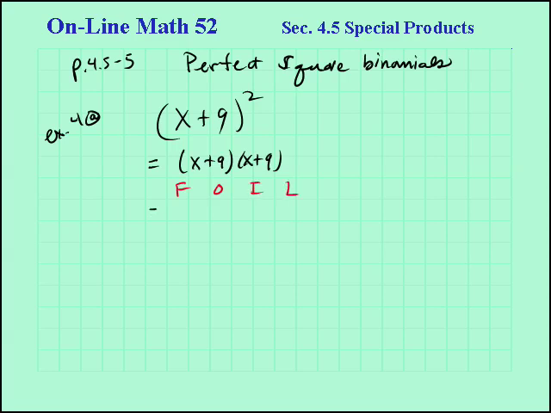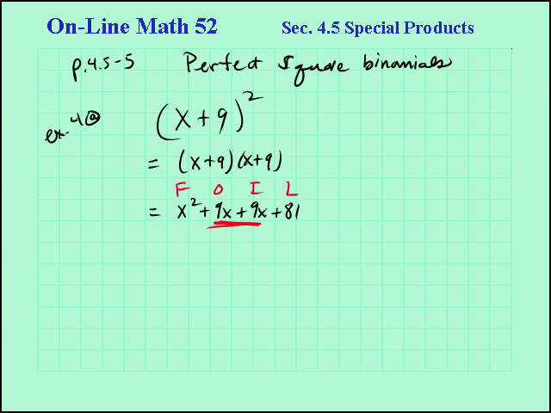The firsts, x times x, x squared. The outer product is x times 9, or 9x. The inner product is 9 times x, also 9x. And the last is positive 81. The key to this is these two right here, 9x plus 9x.